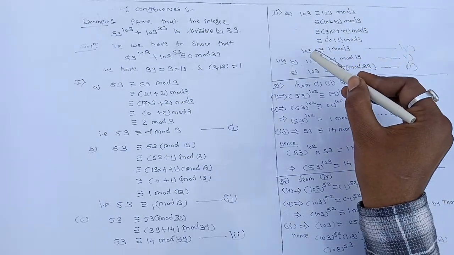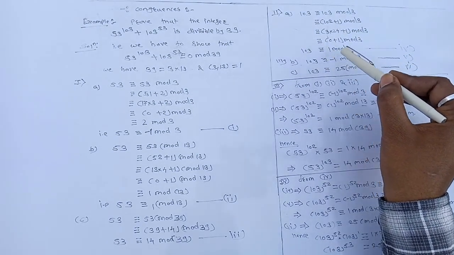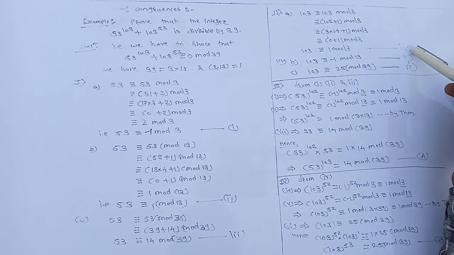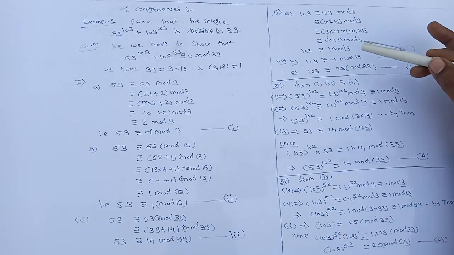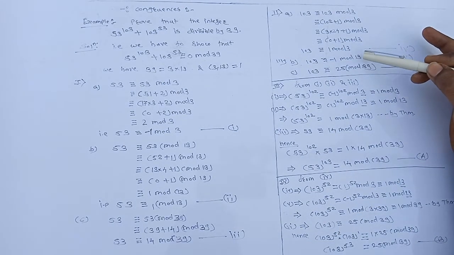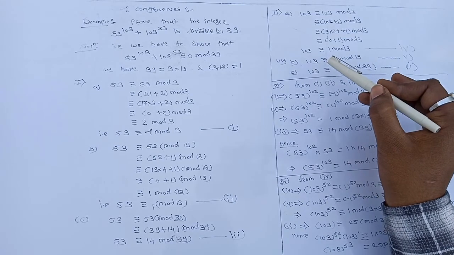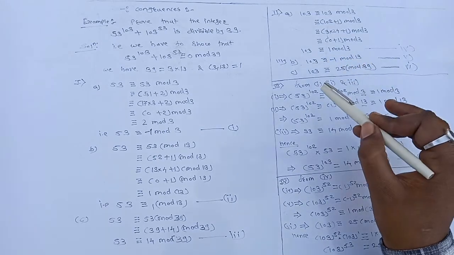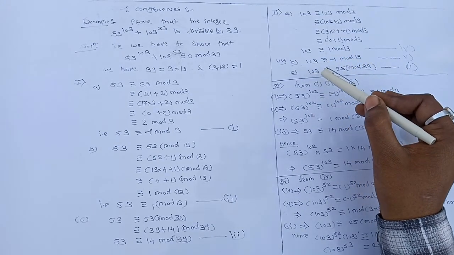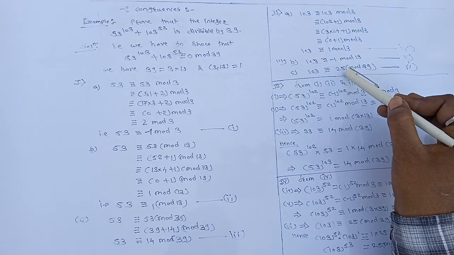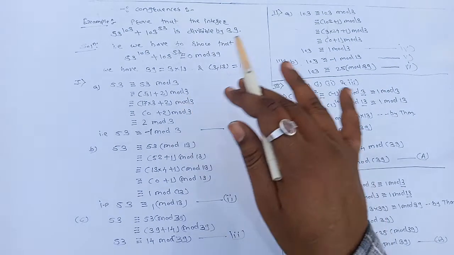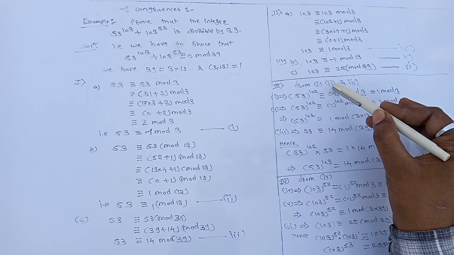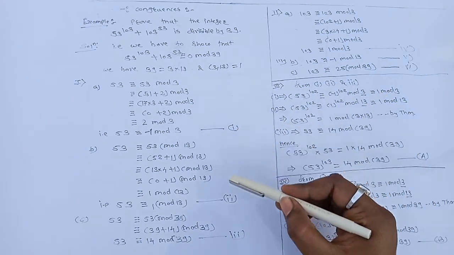You can write 103 congruent to 1 mod 3. This is equation number 4. Similarly, second, for modulo 13, 103 congruent to minus 1 mod 13. Similarly, third, 103 congruent to 25 mod 39. This is sixth number.